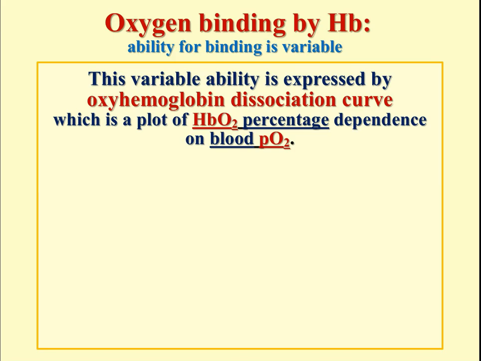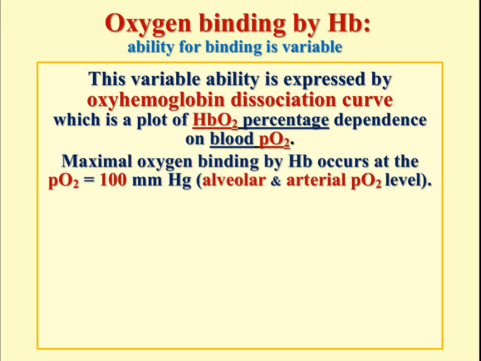So the horizontal axis will contain PO2 of blood, and the vertical axis shows the percentage of oxygenated hemoglobin out of the total hemoglobin available. Maximal oxygen binding by hemoglobin occurs at the highest level of PO2, which is normally 100 millimeters mercury. Alveolar and arterial blood PO2 level.